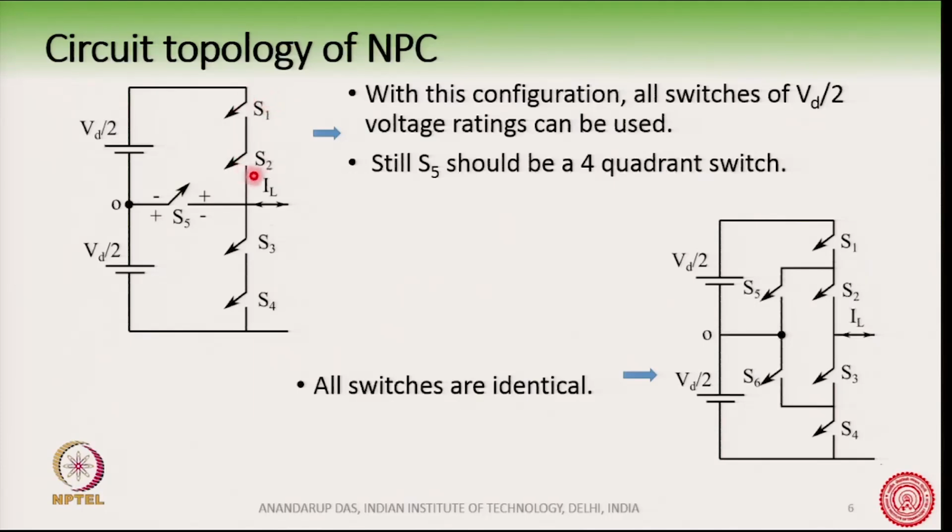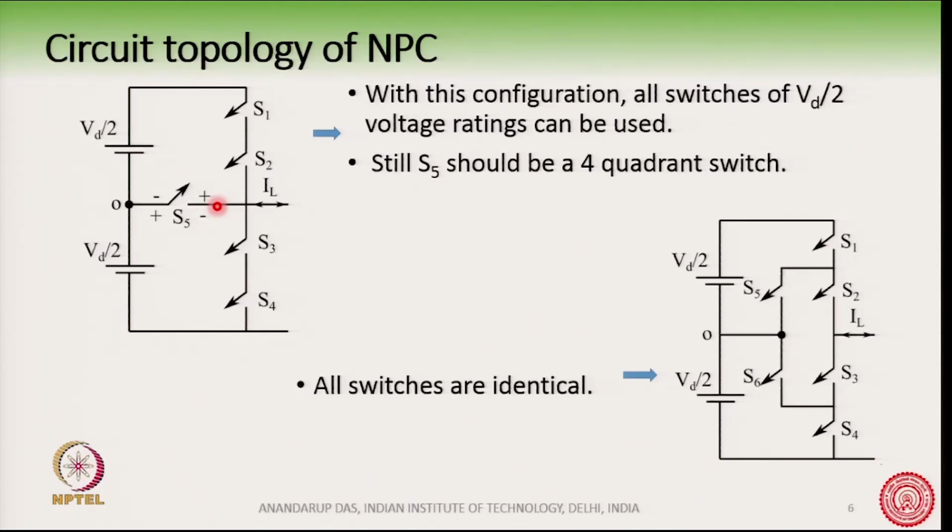So, you have S1 and S2 here series connected. Once you have series connected, the voltage rating of these two switches will reduce to half. Then S3 and S4 are also Vd by 2 and S5 is already Vd by 2. Still, S5 should be a 4 quadrant switch.